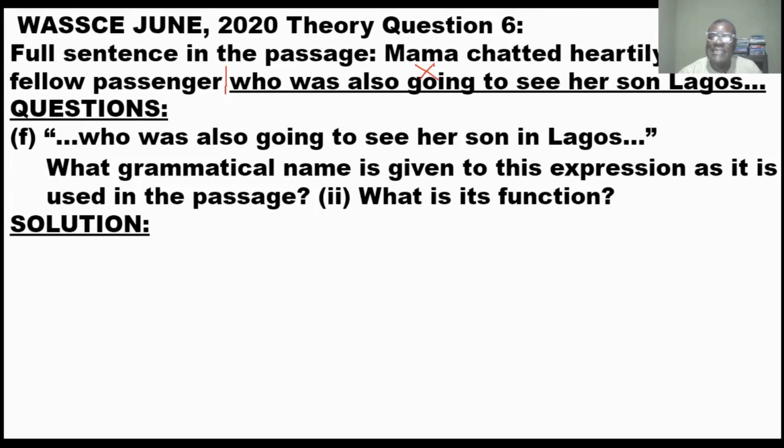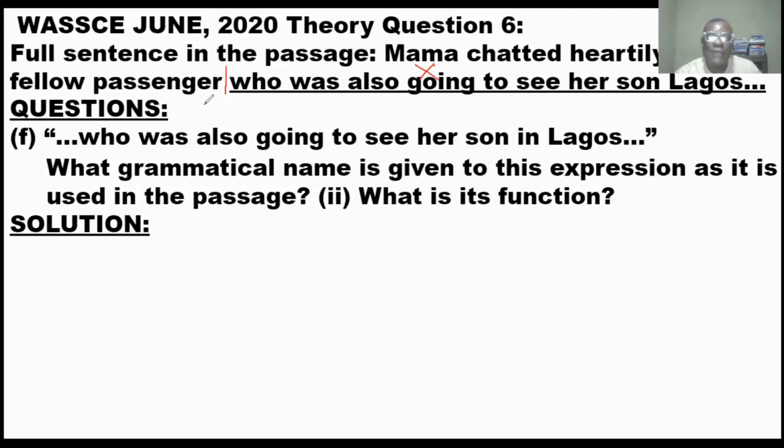Mama chatted heartily with a fellow passenger. Now, if someone says this to you and you don't know anything about what he or she is talking about, what are you going to ask him or her? Mama chatted heartily with a fellow passenger. The natural question is, which passenger are you talking about? Which passenger?